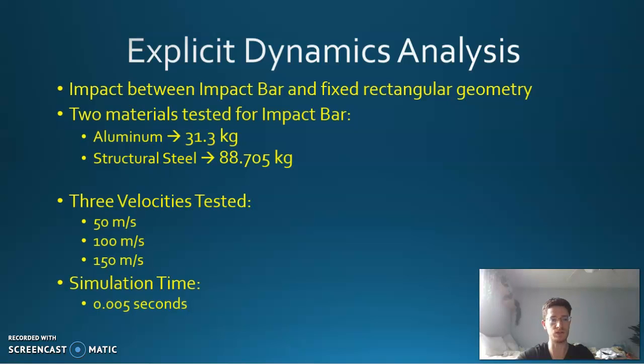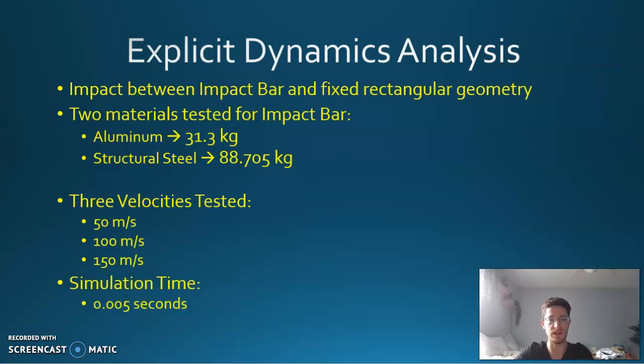Based on that specific model that I created, the mass of those bars was around 31 kilograms for the aluminum and almost 89 kilograms for the structural steel. There's a big weight difference. It's more than double, almost triple the amount.